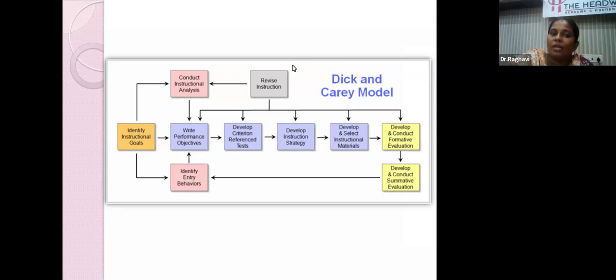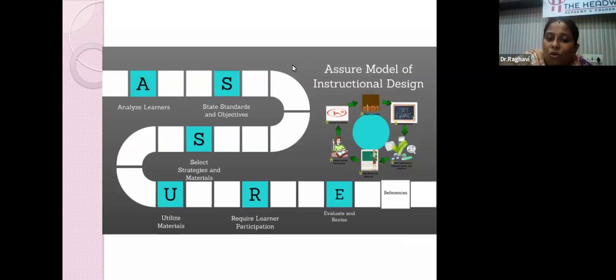Okay, so next I'm quickly moving on to the ASSURE model. The ASSURE model is an instructional system model that trainers like us can use to develop lesson plans, which will integrate the use of technology and media, where the focus is on the learner and the overall outcome of accomplishing some learning objectives.